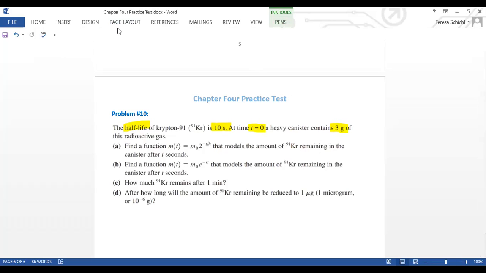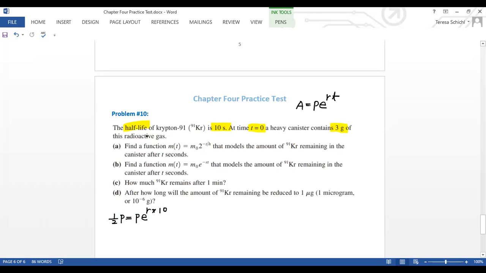Okay, so the first thing here, we still use A equals P e to the RT. So this is the formula we use, right? First thing we need to understand is what the half-life is. Half-life means initially you have a P, then you turn into half P, right? So this is initially, and this is the e to the RT. So how long it takes to reach half is 10 seconds here.